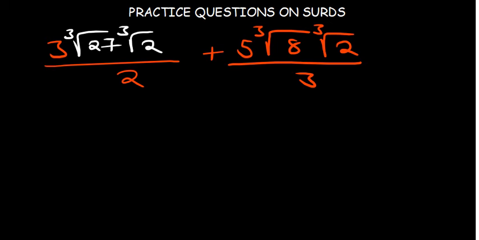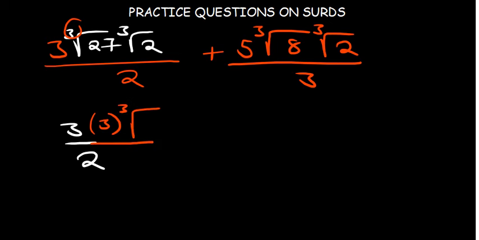Okay, so we now have 3 over 2. The third root of 27 is going to be a 3, because you're trying to think of a number that you can multiply 3 times to give you 27. So it's a 3. The third root of 2, you can't simplify it, so we just write it there.